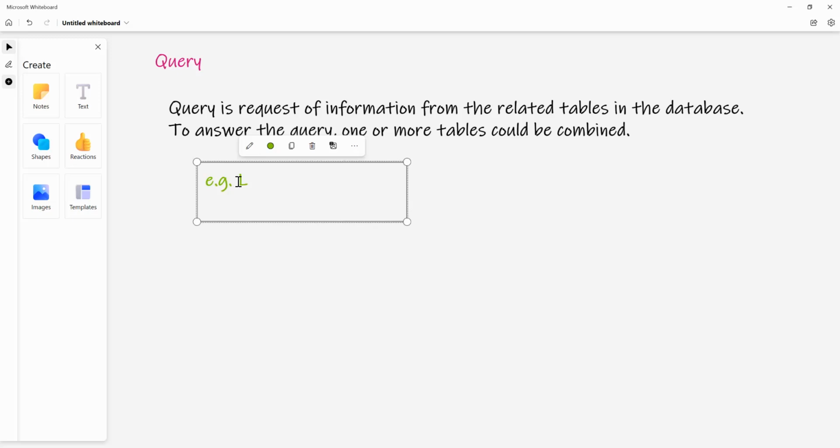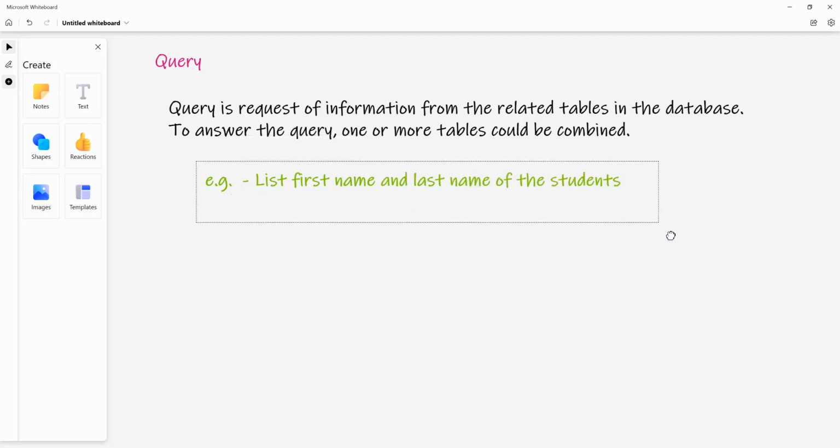We can ask things like, okay, list the first name and last name of the students. So let's assume that we have a table which consists of student information, and we are going to get the list of first name and last name.